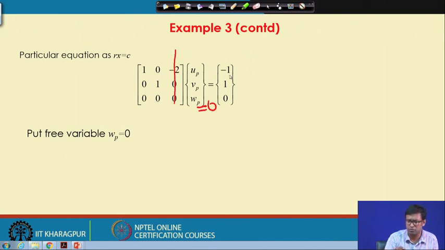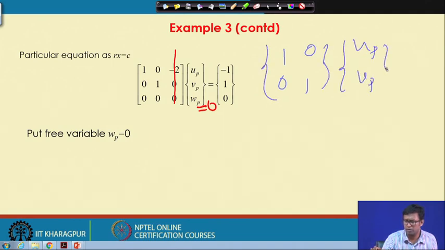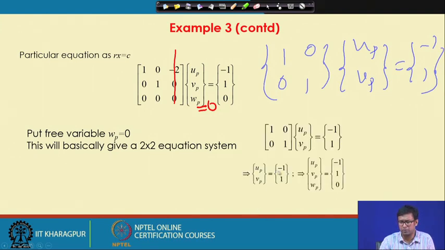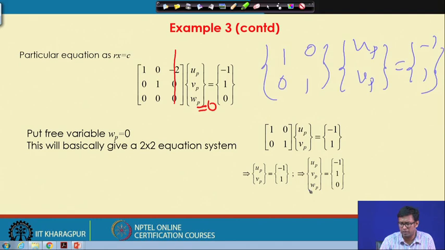So, what we will get is a 2 by 2 equation system, [1 1; 0 1] [up; vp] = [-1; 1]. And we can directly solve up is equal to minus 1, vp is equal to 1, and wp is equal to 0. So, this is my final xp.